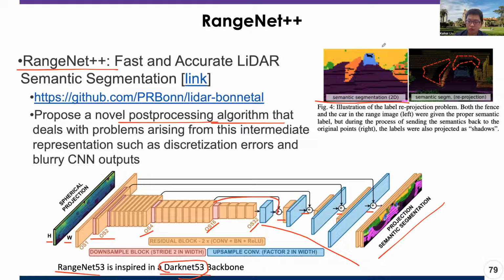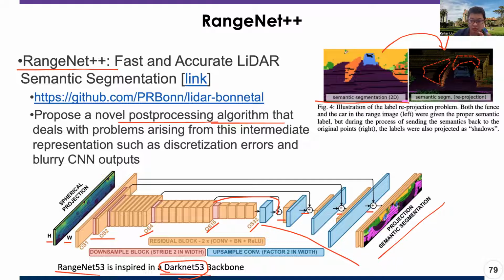So you need to project the 2D range image back to the 3D point cloud. But the problem with this range projection is that the original LiDAR point cloud is in 3D, but when you project it into 2D, some of the points are overlapped, some of the points are blurred, especially at the boundary. If you have the segmentation in 2D and remap to 3D, you will find there are many boundary errors, especially some black shadow regions, because some regions may be mapped to the same points.